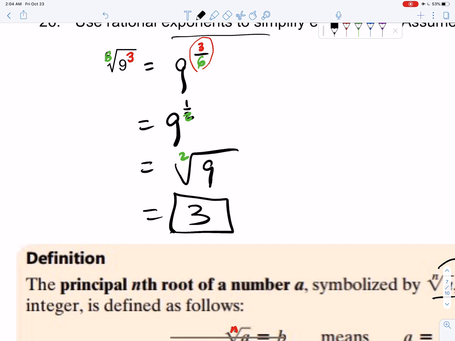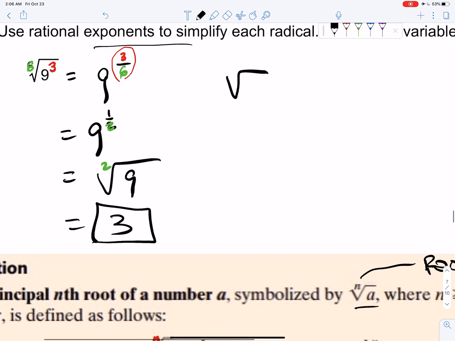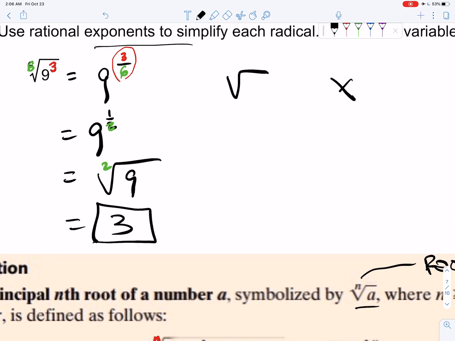So, moving around in forms, from radical form, which looks like this, to exponential form, which looks like this, moving back and forth between forms, either way, can be very helpful with simplifying these rational exponents, or radicals rather.